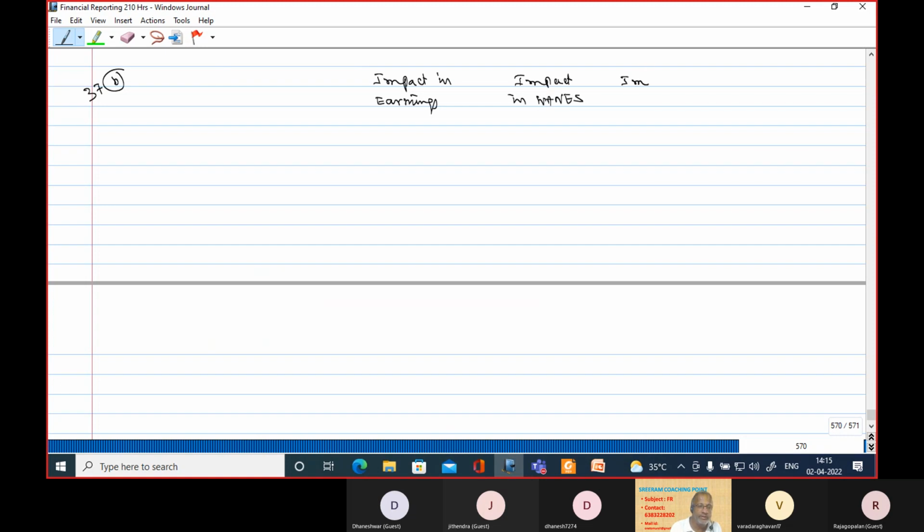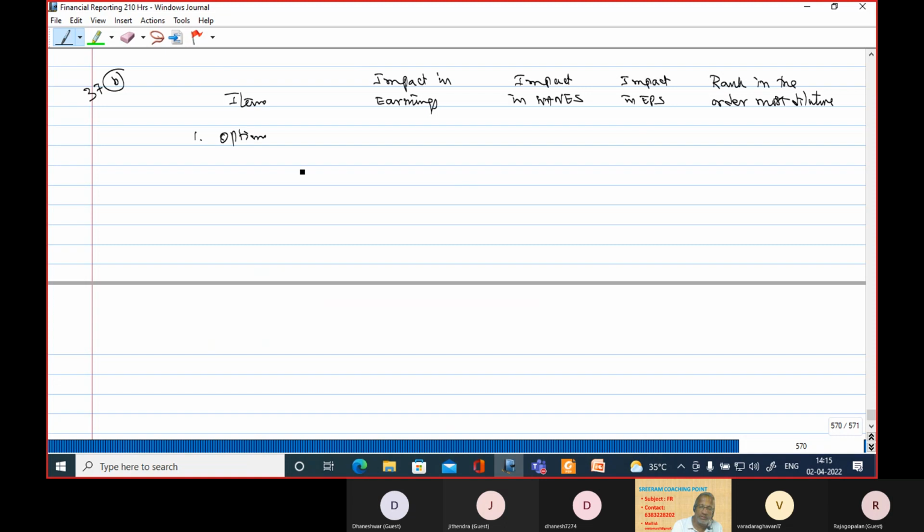Then impact in EPS. Correct. Then rank in the order of most dilutive. First one, options.